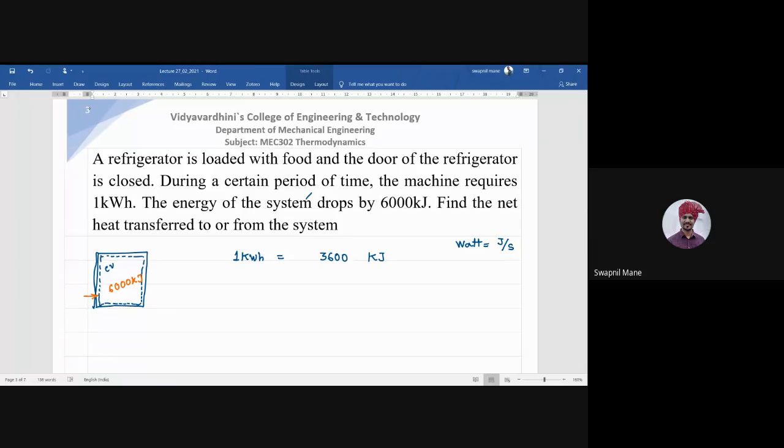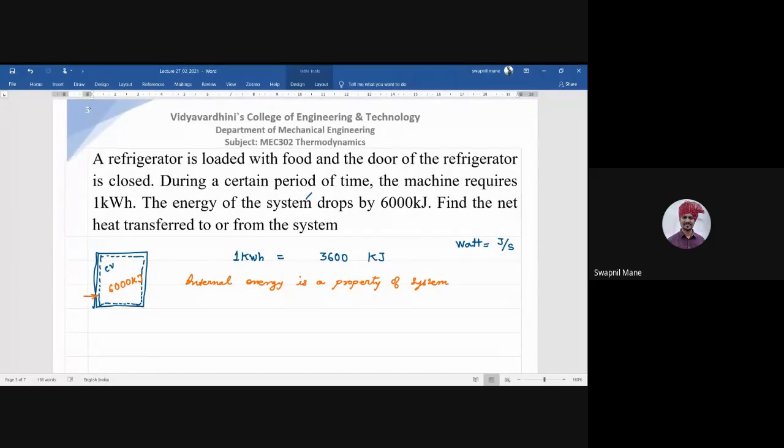If you remember, I told you internal energy is a property of what? System.